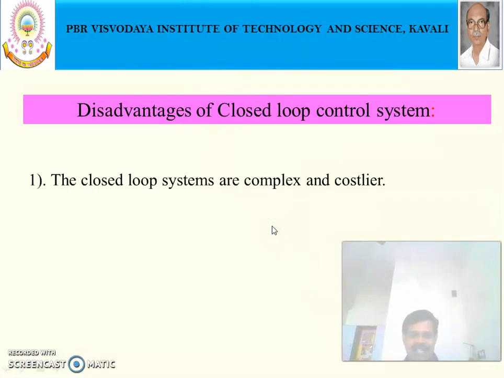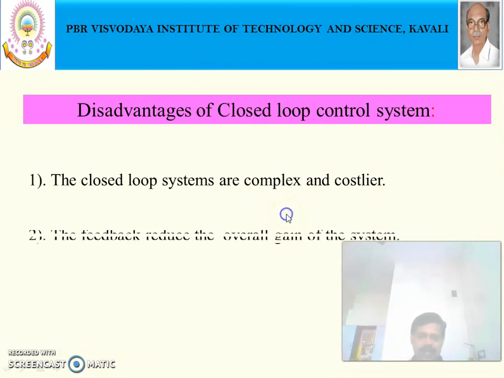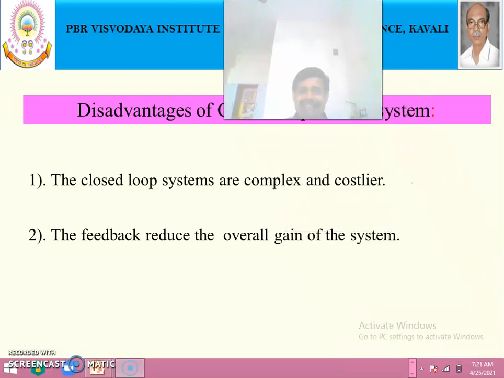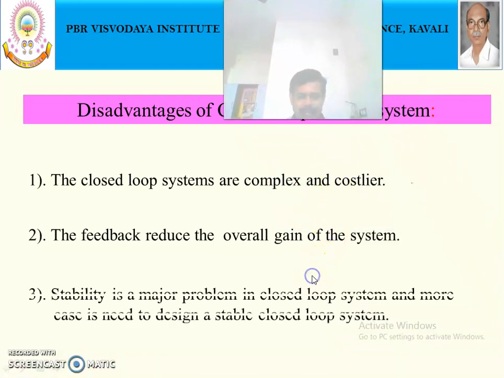First, it is complex and costlier, because we have feedback. Second, due to the introduction of feedback, gain gets reduced. Next, stability is a major problem in closed loop control systems, and more care is needed to design a stable closed loop system.